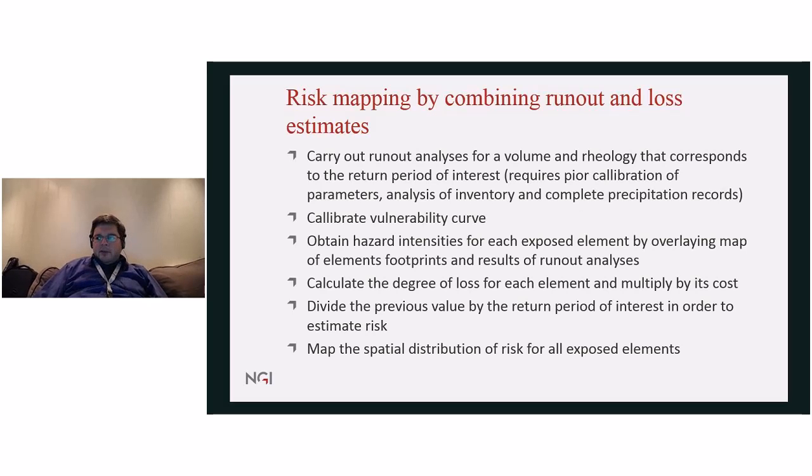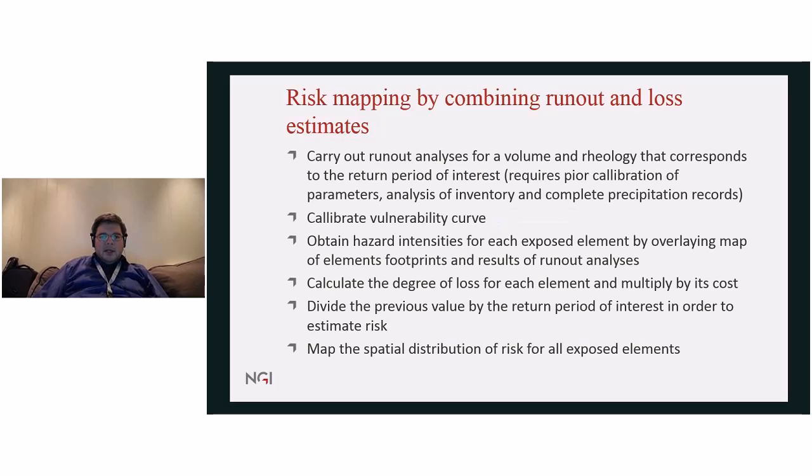Then finally, the risk mapping is performed by combining both runout and loss estimates. So we carry out the runout analysis for volume and rheology that correspond to the return period of interest, and this requires prior calibration of parameters, an analysis of the inventory, and complete precipitation records. We need to calibrate vulnerability curves.